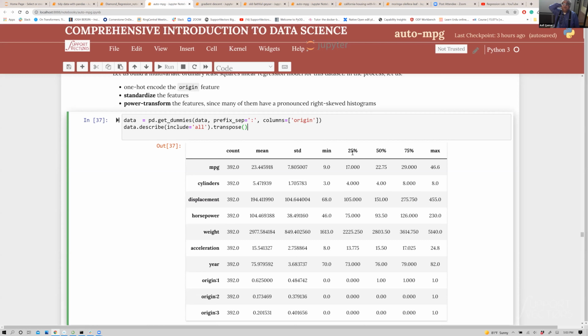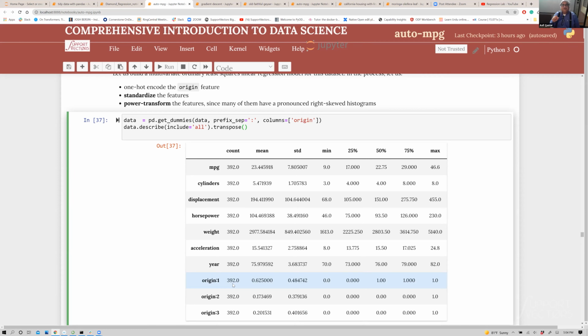You have to convert it into numbers, categories into numbers. One way of doing it is called one-hot encoding. You create 3 features: origin 1, origin 2, origin 3. Actually, I should have named them origin US, origin Europe, origin Japan, but okay, I was lazy. And then if it is a US made car, you say origin 1 is 1, it's true, and for Japan and for Europe, you mark 0.